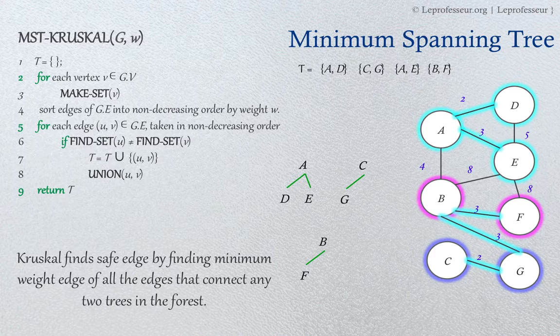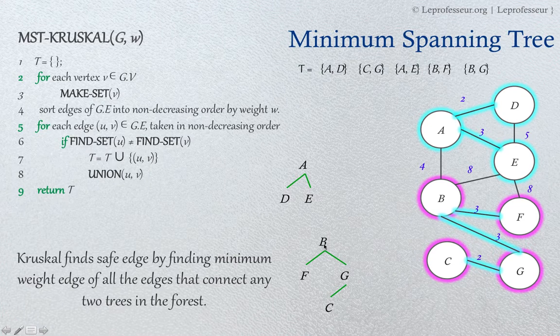We can safely add that edge in our spanning tree edges. B and G we have added, and after merging B and G, that's how our forest would look. So as you can see here, we have merged the G and C tree with the tree B and F.